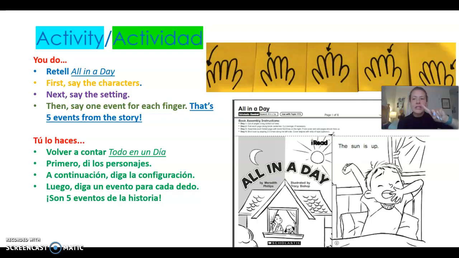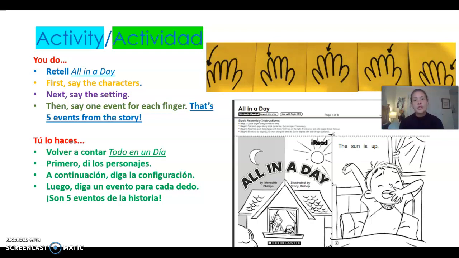So you're going to say the characters, the setting, and then you're going to do your 5-finger retell. So 1 event for each finger. And then I want you to really remember and try to focus on using your sequencing words from that too, because you guys have had a lot of practice. So first this happened, then this happened, all the way to the end, finally this happened.